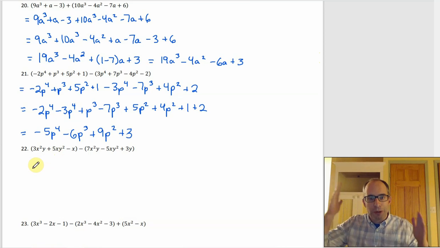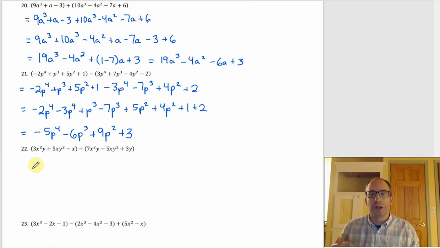We're only going to combine x squared y terms with other x squared y terms, and we're only going to combine xy squared terms with other xy squared terms. So you don't combine everything with the same degree. It's going to be everything with the same degree and x raised to the same power and y raised to the same power. You can combine that.